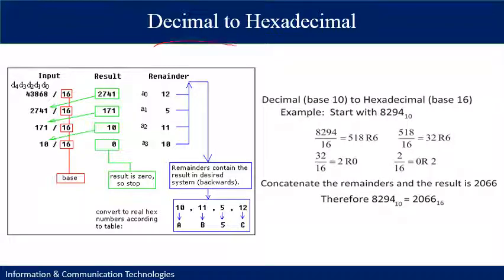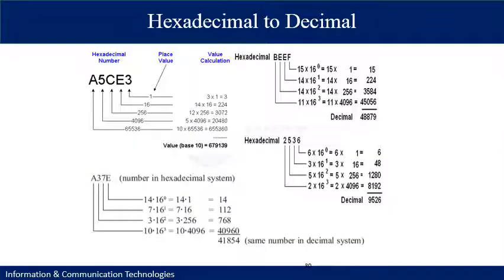So here is another example, which is the conversion of decimal to hexadecimal. In this case, you will divide the decimal number by 16 and take the remainder values to find out the hexadecimal representation. This is done in the reverse direction, and you would like to find out the decimal representation of a hexadecimal number.